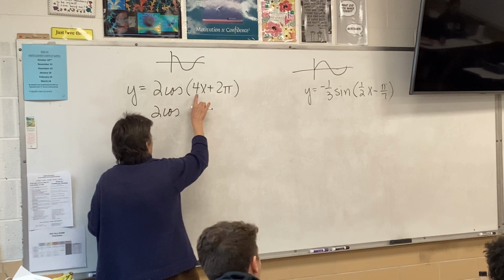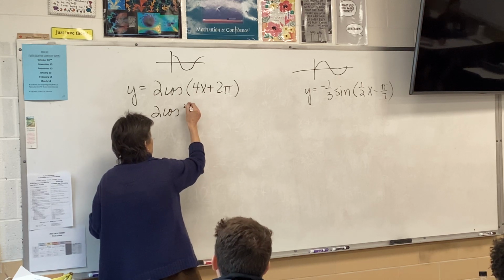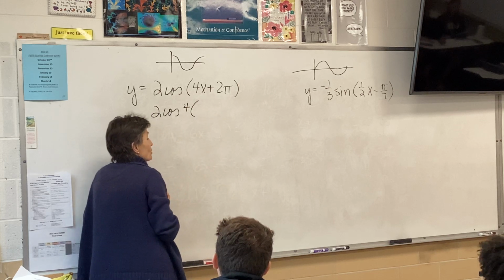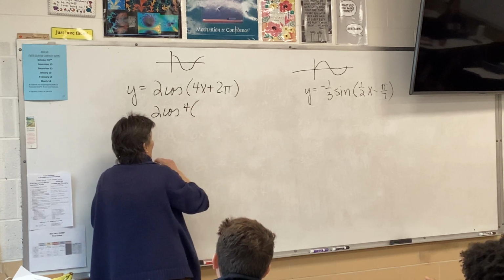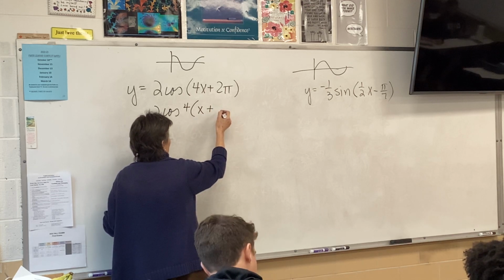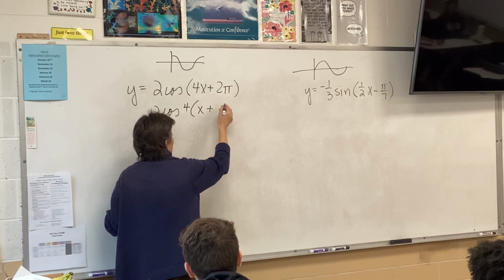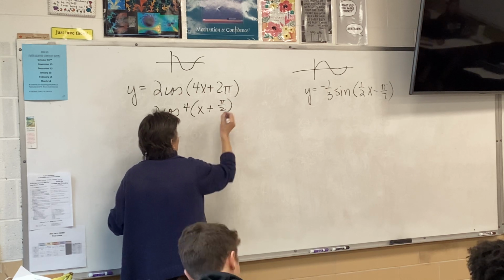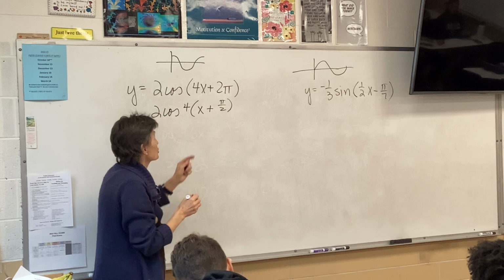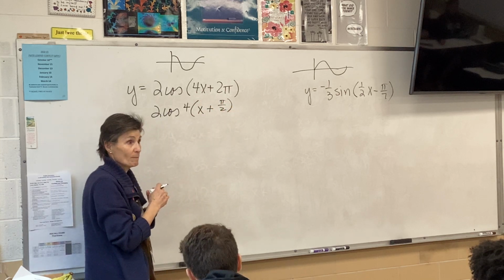If that x has a coefficient inside the parentheses, I need you to pull it out. So we're going to factor out the 4, which would mean x plus what? Pi over 2, right? Factoring is division, so I'm going to divide by 4, so that gives me pi over 2. Is everybody okay with that?